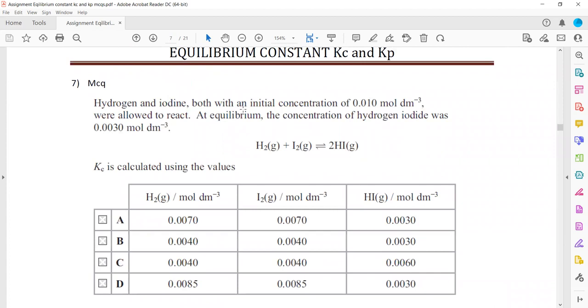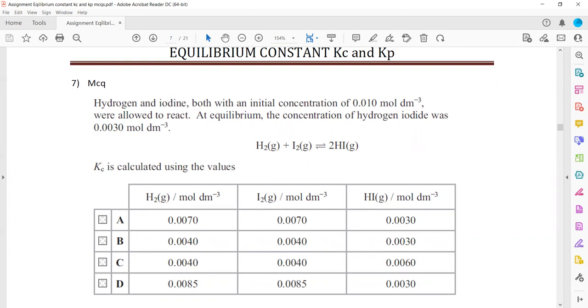Then hydrogen and iodine, both with an initial concentration of 0.01, were allowed to react to equilibrium. Hydrogen iodide was 0.003. Calculate the value for Kc. Kc is calculated using the equilibrium values. So what will be the concentration of iodine, hydrogen, and hydrogen iodide at equilibrium?